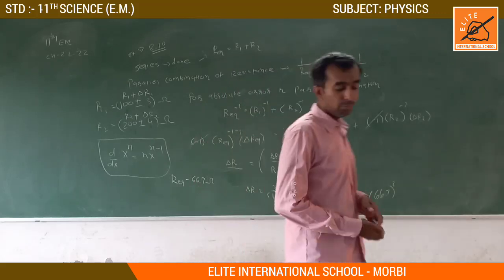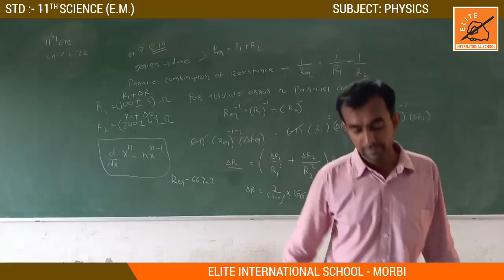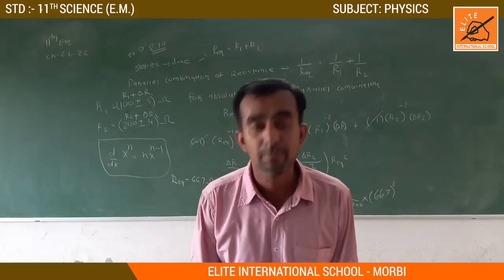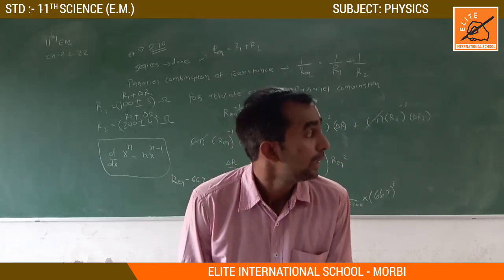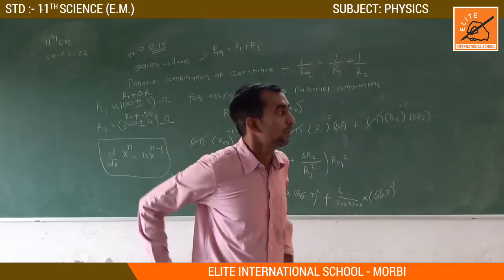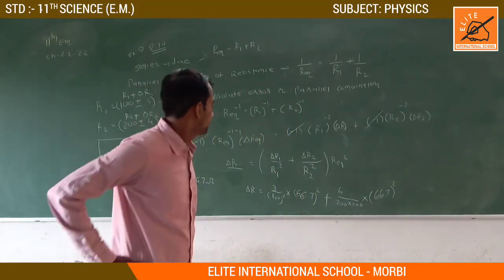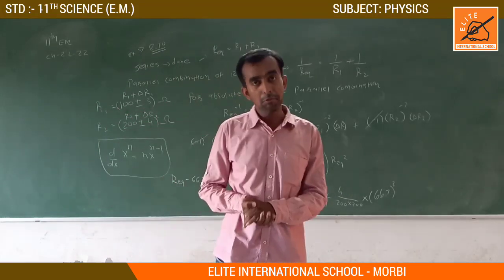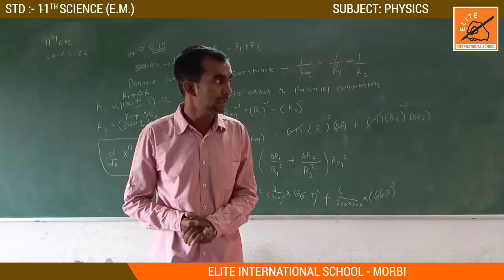Substitute the value, get the answer. To understand this we will need two extra lectures. Differentiation and partial differentiation are very important. So first complete this, then we will finish the lecture. What is the answer?